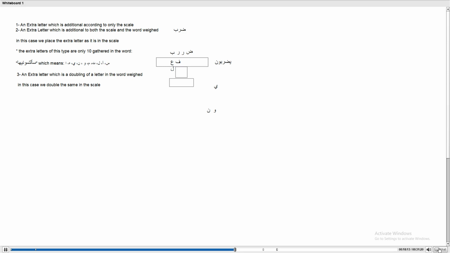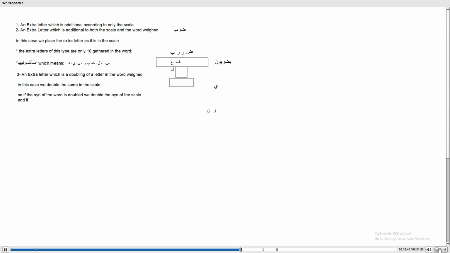So, if the ayn of the word is doubled, we double the ayn of the scale.